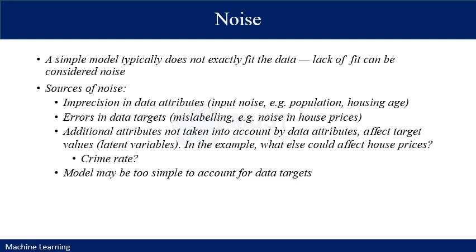You may have input noise. For example, in the housing data, the population variable or the housing age variable may be placed wrongly. Therefore, it will affect the actual prediction, and it will be classified as noise.